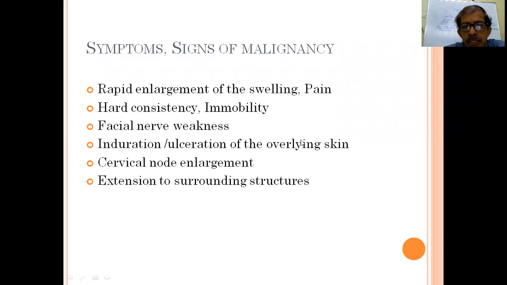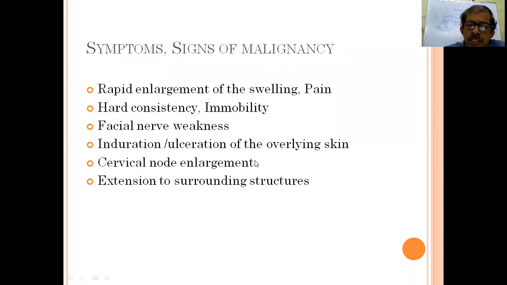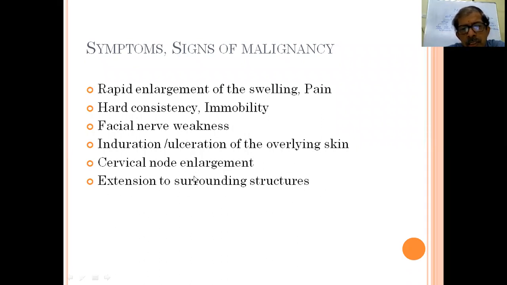Overlying skin involvement, so there may be induration or even ulceration in late cases. That is malignant. If there are lymph nodes, it is malignant. Extension to surrounding structures like the temporomandibular joint, base of skull, means it is malignant.